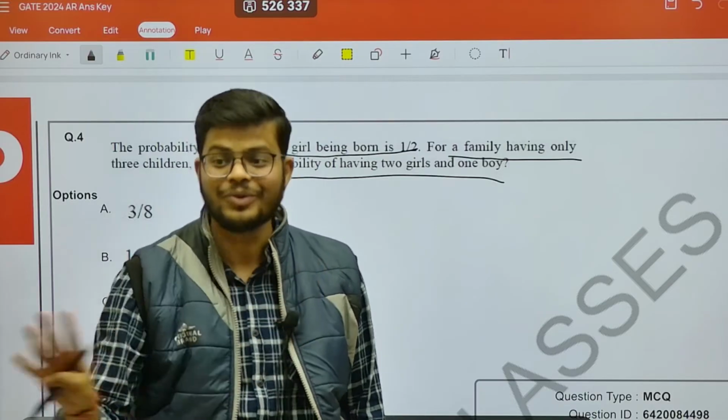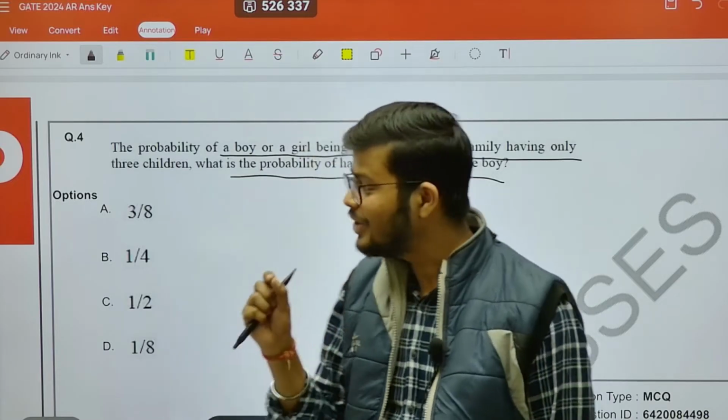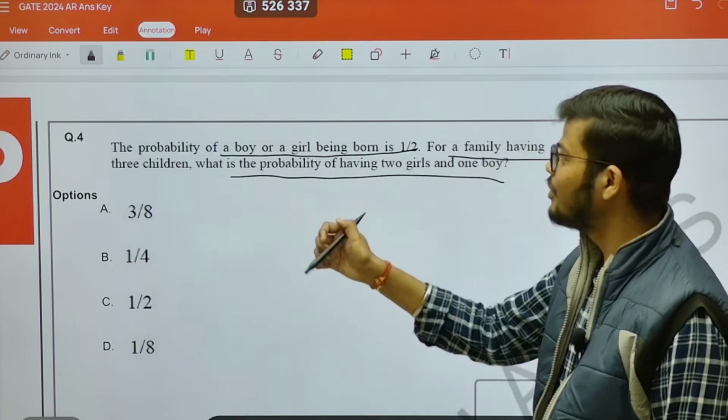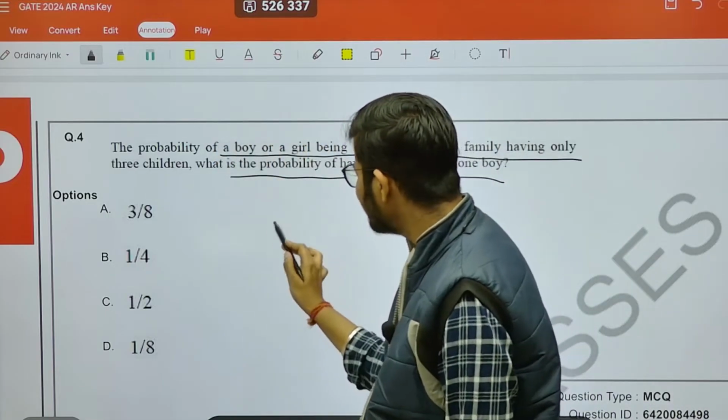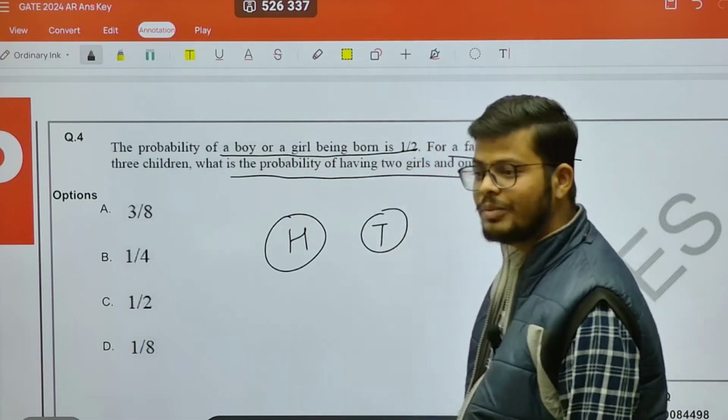But even if you only know the basics of probability, solving this question becomes very easy. How can you solve it? Now suppose there is a coin, this is head and this is tail, only 2 outcomes are possible.